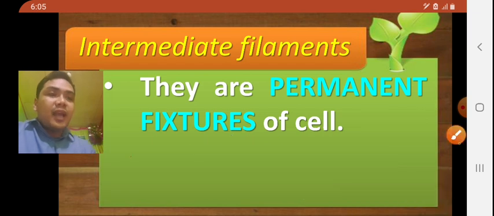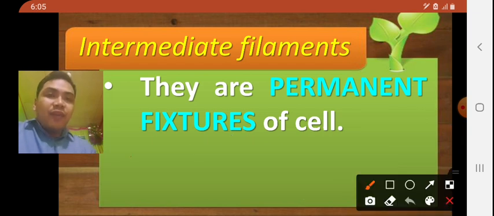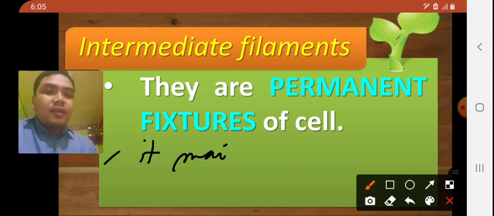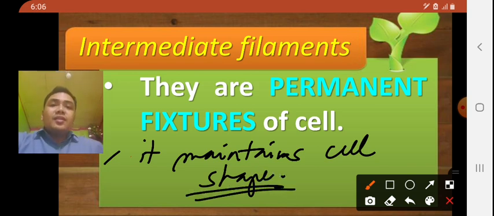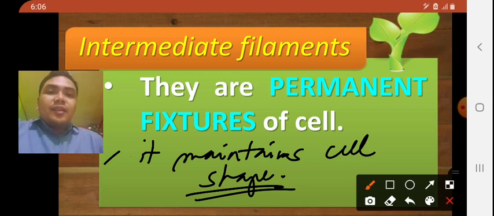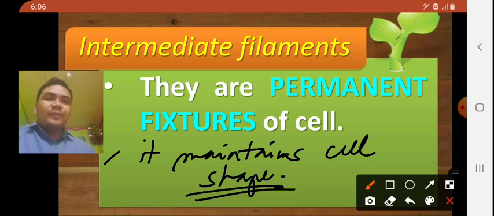And in addition to that, just like the other types of fibers of cytoskeleton, it maintains cell shape. Okay, so this is the similarity of intermediate filaments as compared to the other types of fibers within the cell. So that concludes our topic dealing with the cytoskeletons, specifically microtubules, microfilaments or actin filaments, and intermediate filaments.